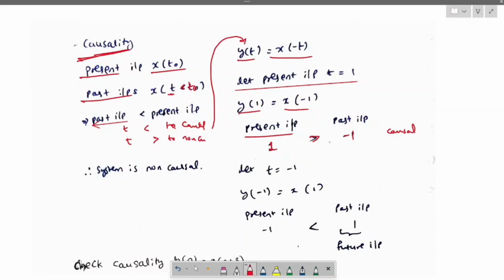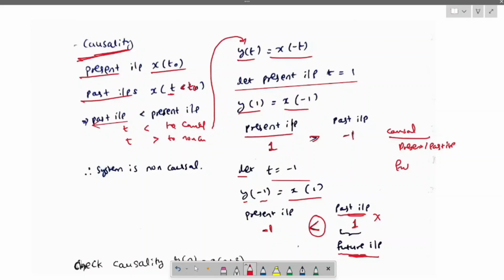Now let us interchange. Let t equal minus 1, so y of minus 1 equals x of 1. The present input is minus 1 and the input used is 1, which is greater. So it is not a past input, it is a future input, meaning the present output depends on the future input. For causal, it should be either present or past input dependency.